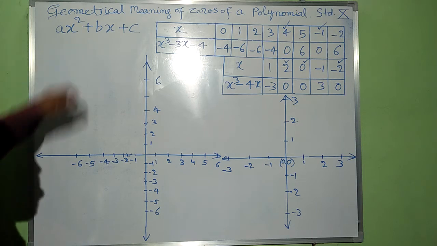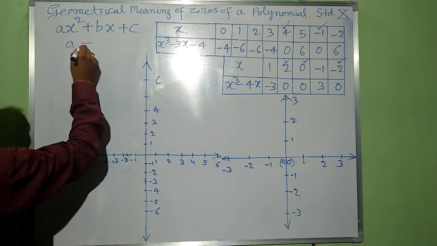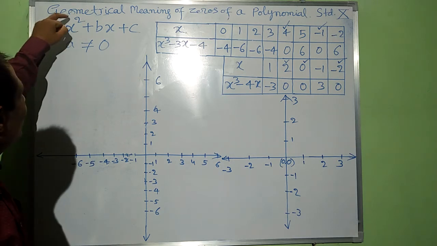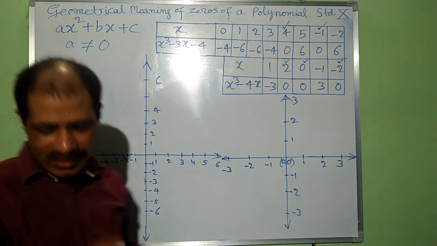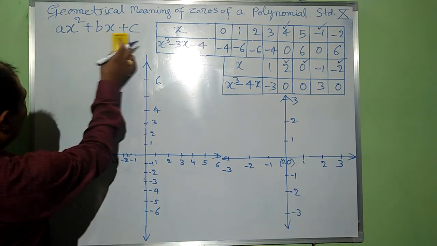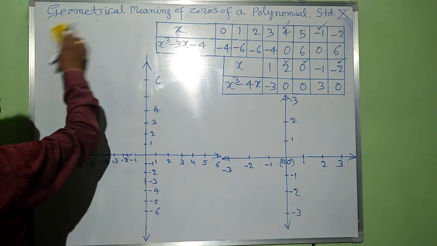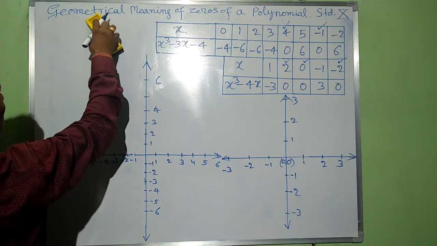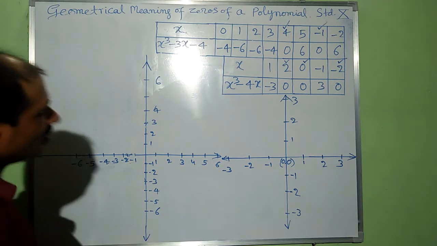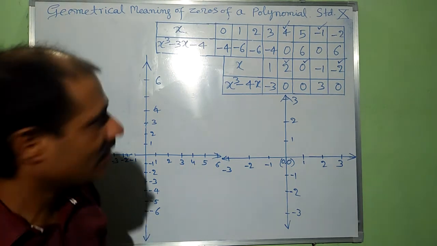This is its standard form where a is not equal to 0. Its degree is 2, and the maximum number of zeros or roots of a polynomial will be equal to its degree.